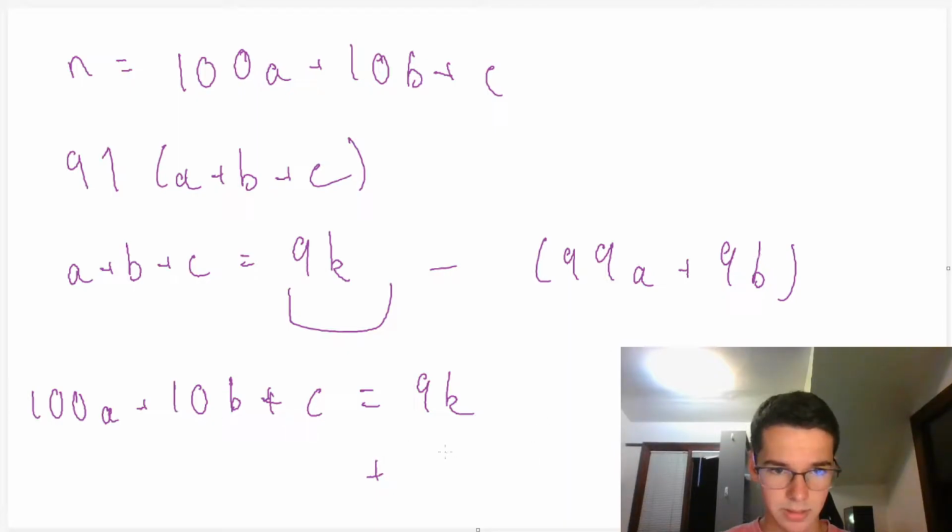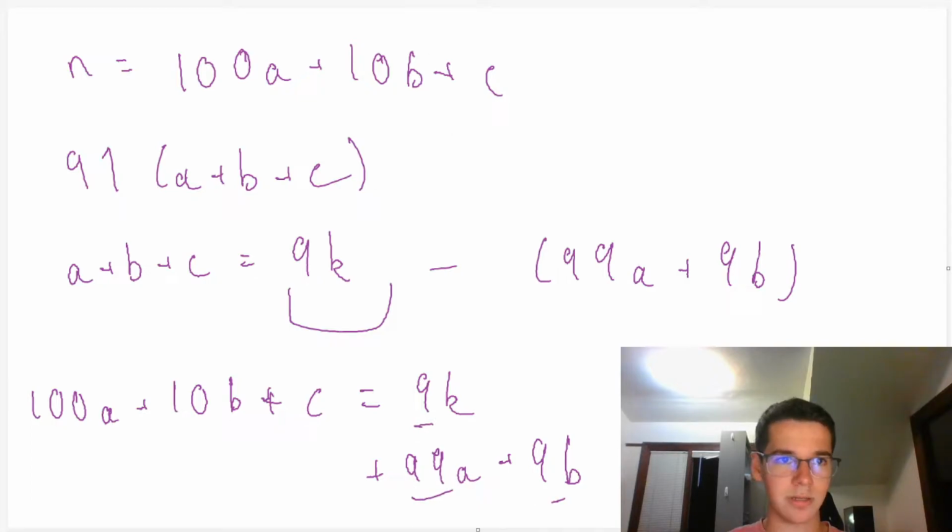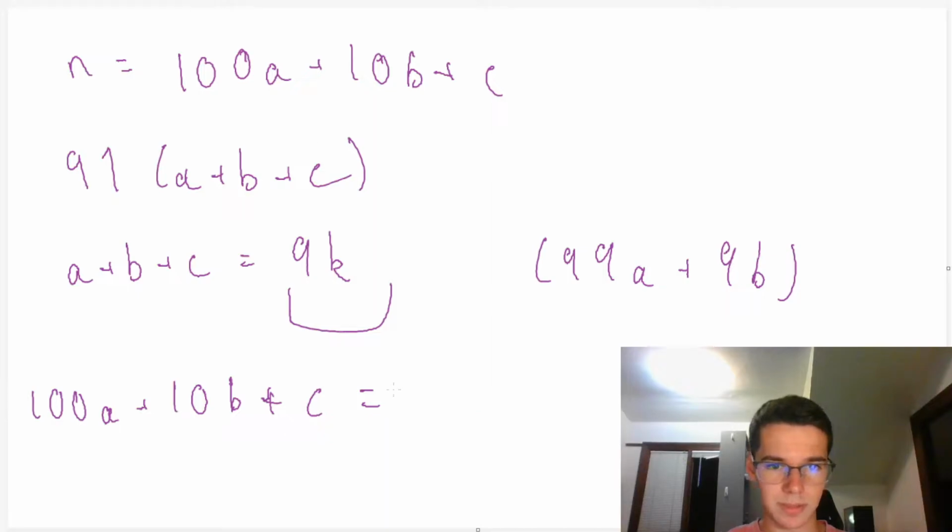We added 99a plus 9b, and we can obviously tell that we can factor out a 9, and so what that would look like would simply be 9 times k plus 11a plus b.